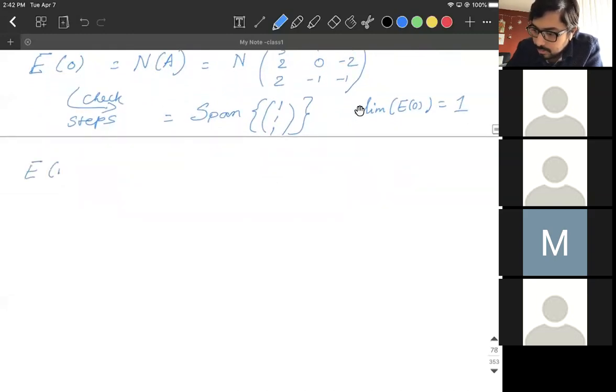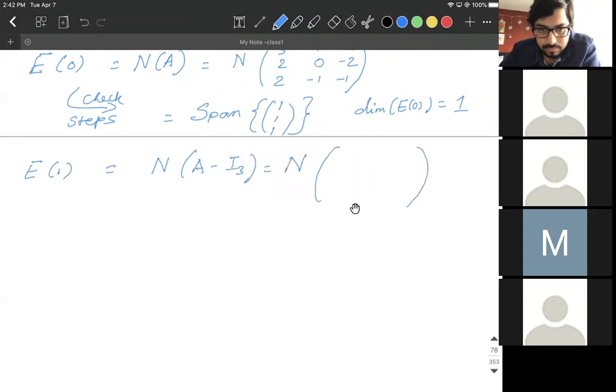Now E of 1, so this is the null space of A minus I3. So the null space of the following matrix: 2 minus 1 minus 2, then 2 minus 1 minus 2 once again. Wow, this is good. 2 minus 1 minus 2.